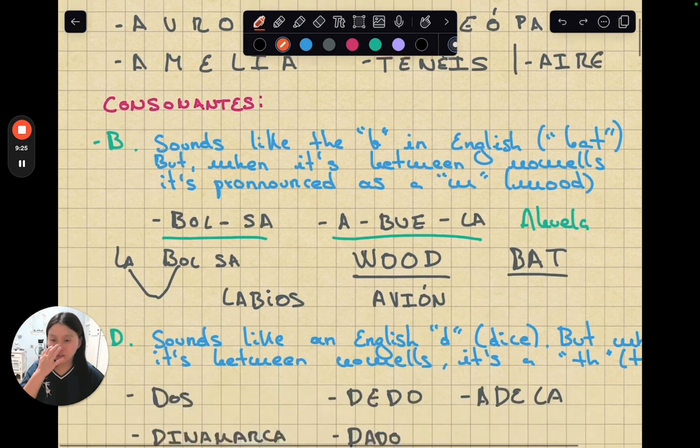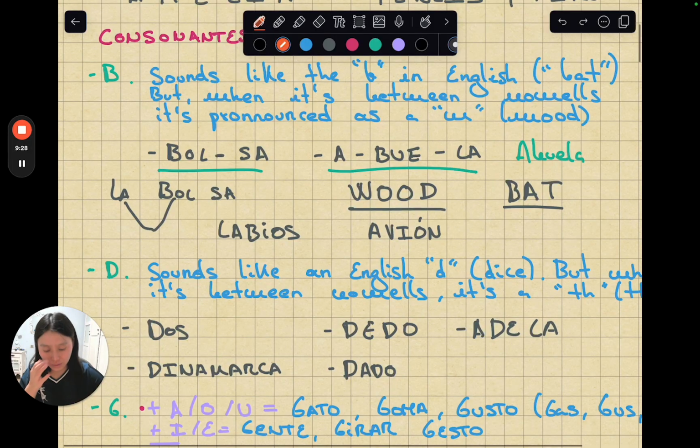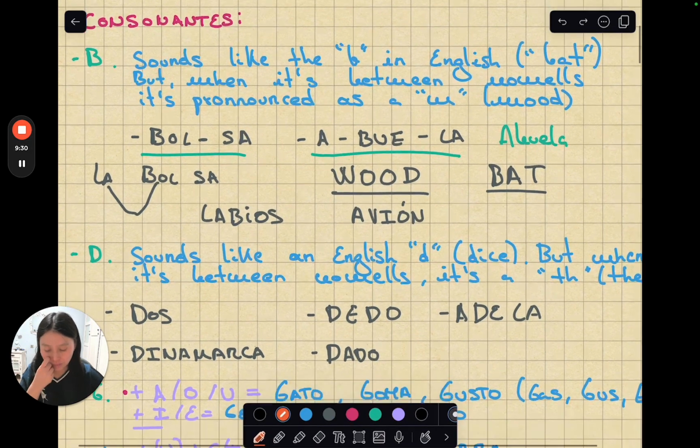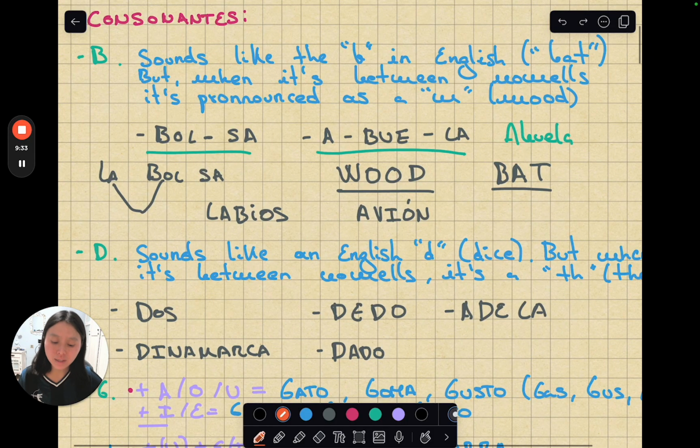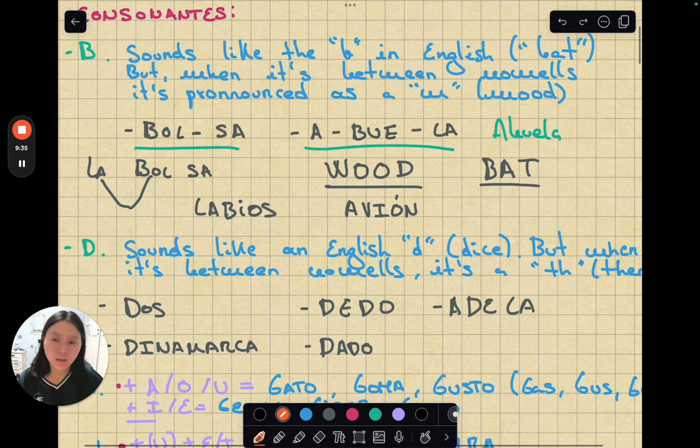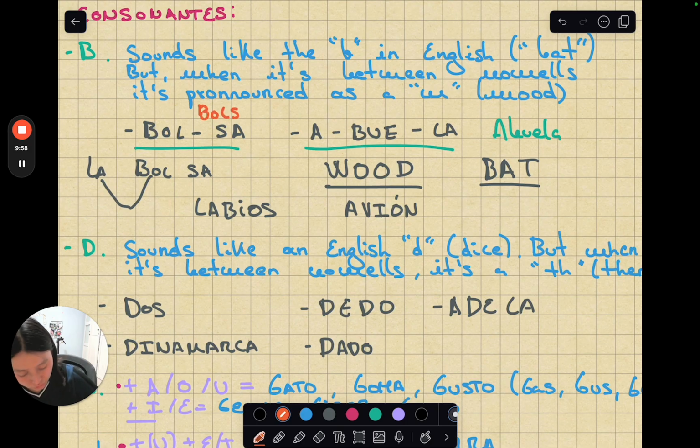Okay? We're just going to start with the hard ones, with the difficult ones. So let's start with the B. Okay? The B sounds like the B in English, like bat, but when it's between vowels, it's pronounced as a W, like in wood. Not a U sound, a V sound, which is different. So, for example, if you have the word bolsa, sorry, this was for a dyslexic student, that's why it's separated, but if you have bolsa, right?